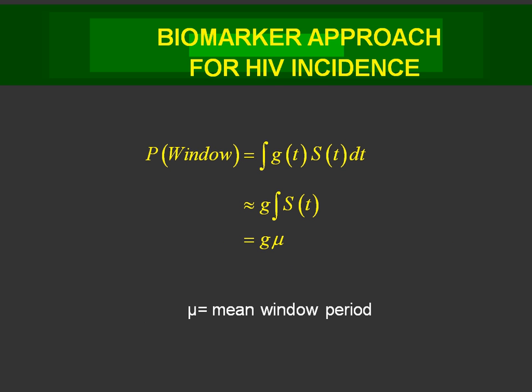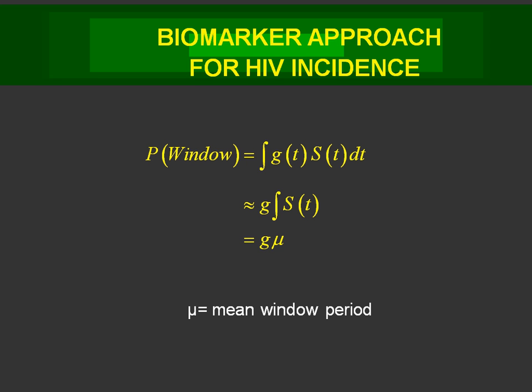So the basic idea of the theory then is that the probability of being in the window period, if you're given these assays, is the risk of having been infected T days ago and then having a window period greater than T. And we'll assume that the risk of being infected is approximately constant over the support of the window period distribution, so I'll take that out. And that seems reasonable if these window periods are on the order of several months, which they are. Then you get this integral, which is just the mean duration of the window period.